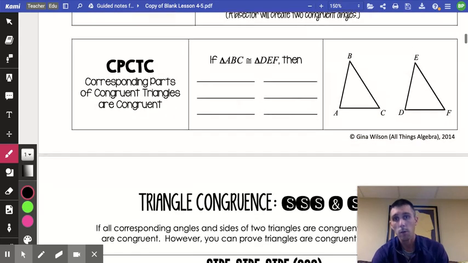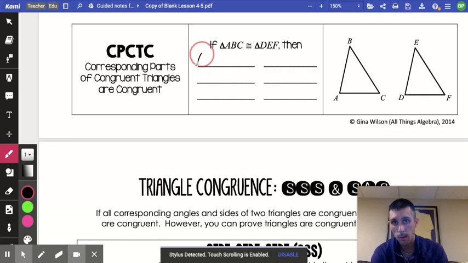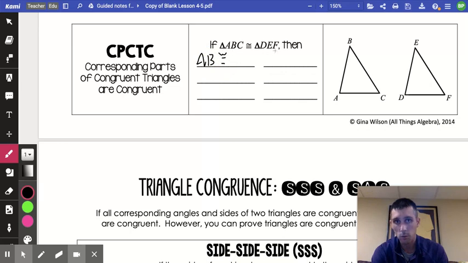So just a refresher on CPCTC, corresponding parts of congruent triangles are congruent. So if triangle ABC is congruent to DEF, then what? AB is congruent to what? AB is the first two, so the first two here is DE.